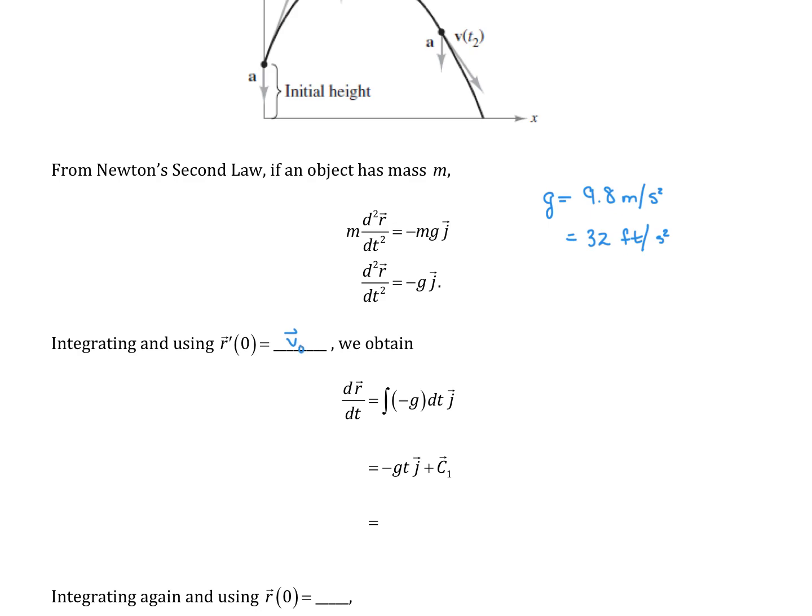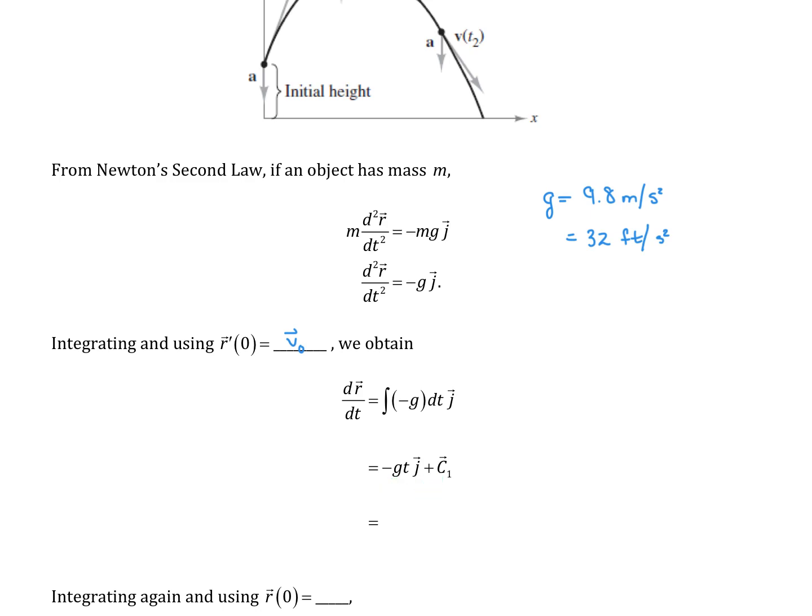And so if we integrate negative g, we get negative gt j hat. Now imagine for a moment if we let t equal 0. If t equals 0, this component will disappear and we're left with just c1.